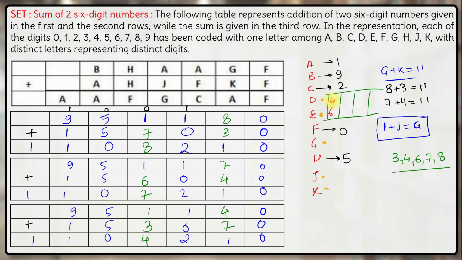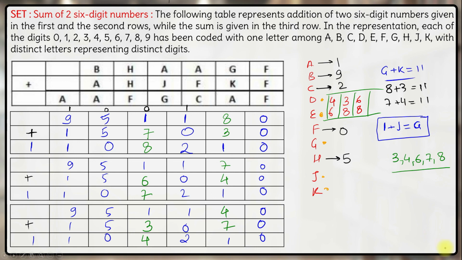So D and E will be 4 or 6 in the first case. Okay. What about the second case? In the second case we have 1, 2 figured out. We do not have 8 and 3 figured out here. So D and E will be one of 3 or 8 from the second case. And from the third case we have 6 and 8 not figured out. So in the third case, one of D and E will be 6 or 8 here.